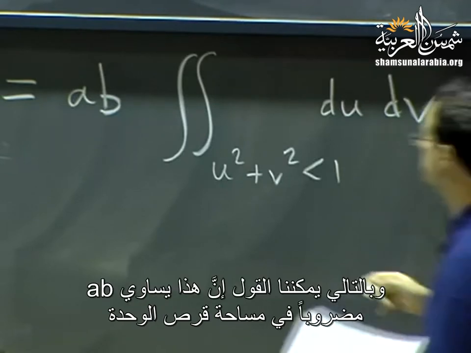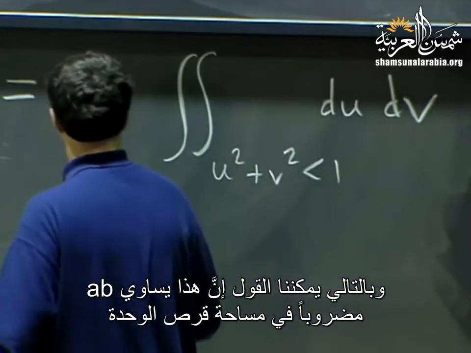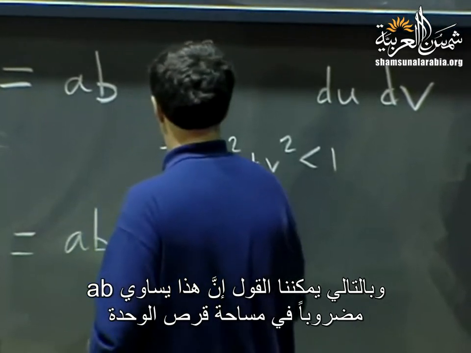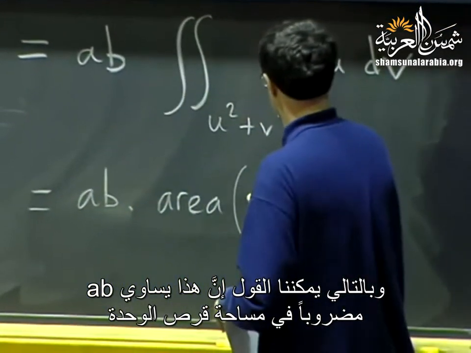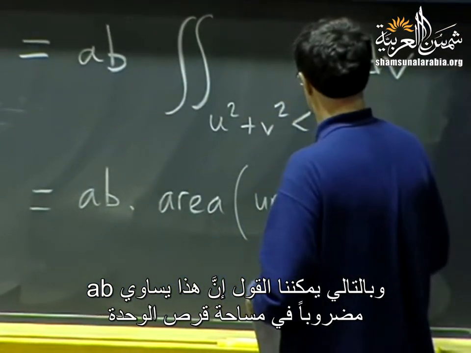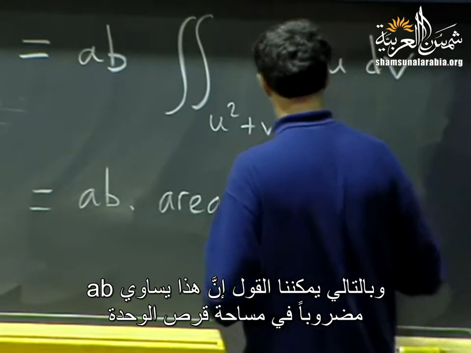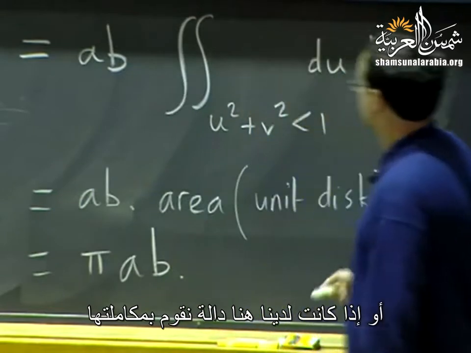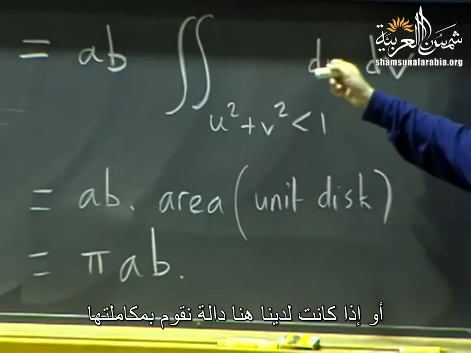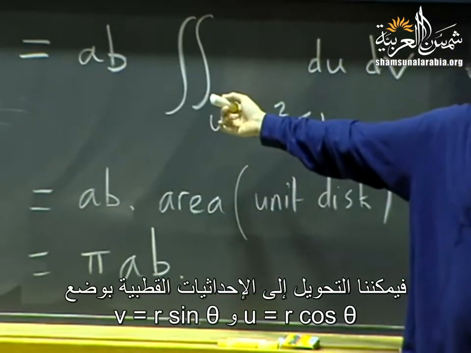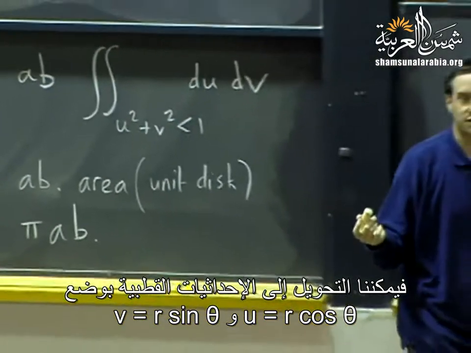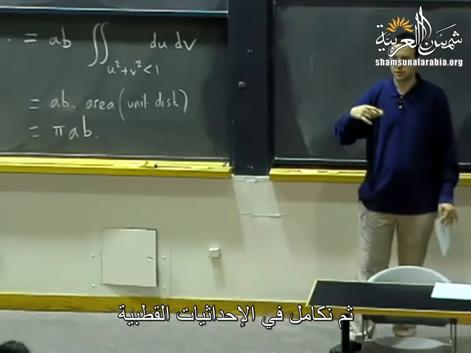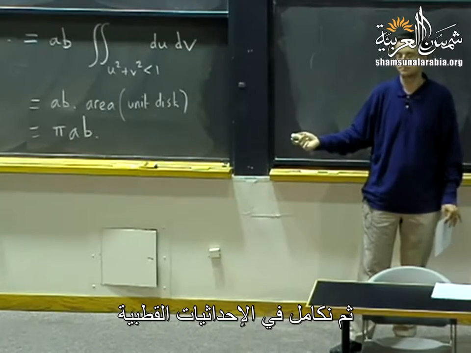So this is AB times the area of the unit disk, which we know to be pi. Or if somehow you had some function to integrate, then you could have switched to polar coordinates, setting u equals r cos theta, v equals r sin theta, and then doing it in polar coordinates.